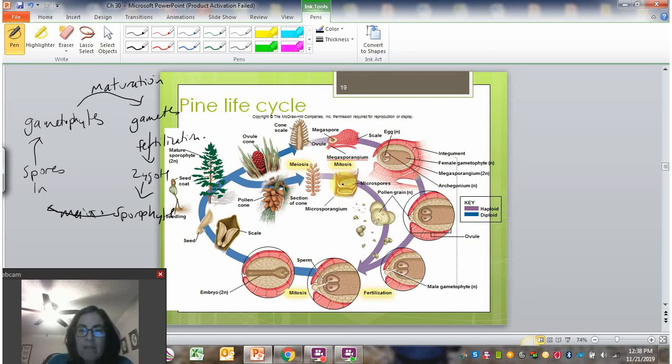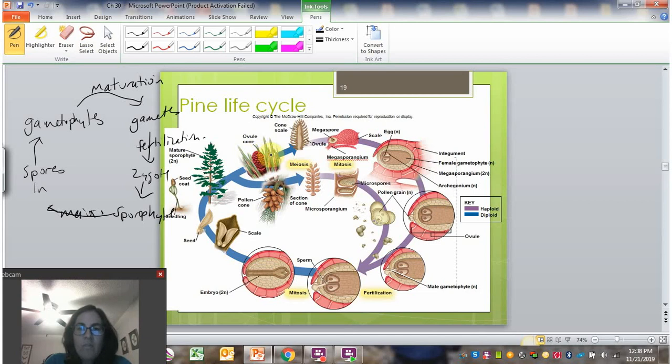Then those microspores, they're haploid, will go through mitosis to make a pollen grain. And then within that pollen grain, some of the cells will mature into sperm. So a pollen grain is the male gametophyte made from microspores. And within that male gametophyte, some of the cells matured into sperm.